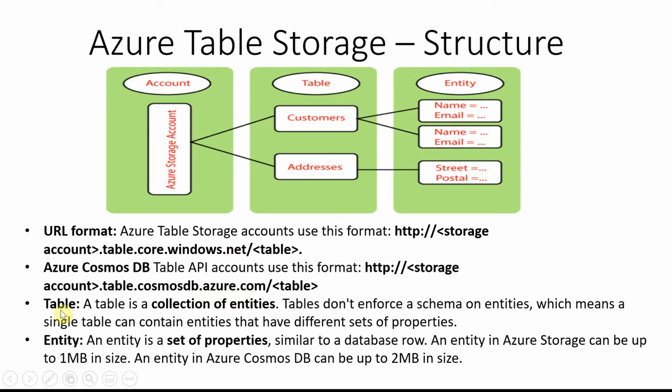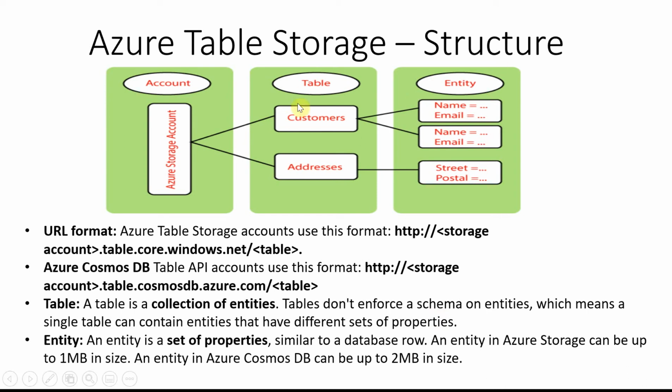Then here there will be a table. A table is a collection of entities, and an entity is a set of properties. That's the typical NoSQL structure, nothing specific to Azure here. In any NoSQL, there will be something called a table, which is a collection of entities, and generally tables don't enforce any schema on entities, which means in one table itself you can store all entities if you want.